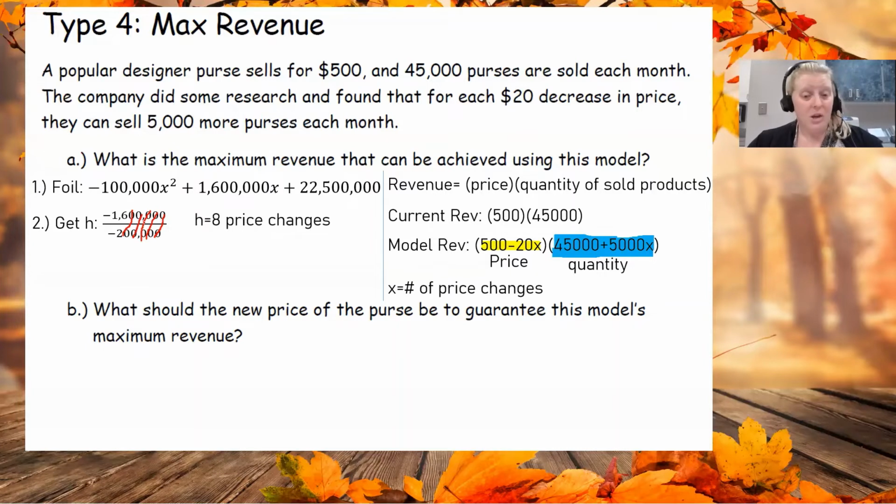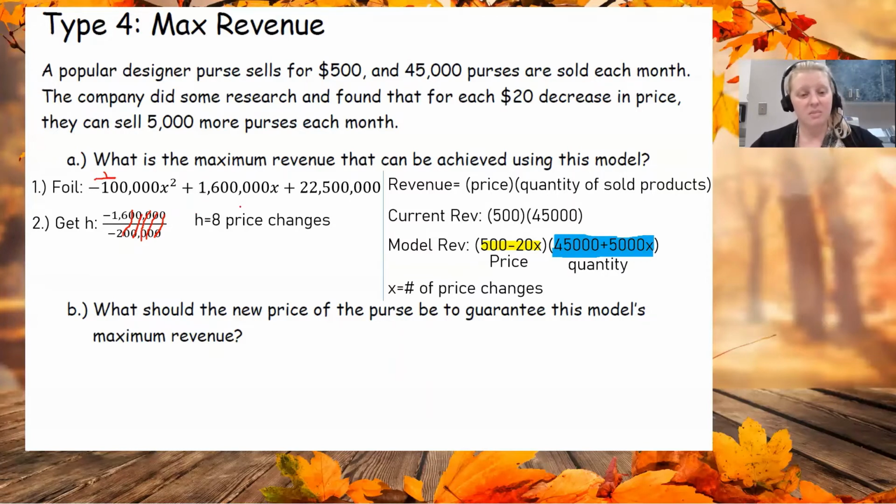I recommend that you label it price changes. It's not $8, it's 8 changes in price. You're going to change it by $20 for a total of 8 times. Once you get your H, you can go ahead and get your K, and that's up to you. If you want to use this formula up here, you certainly can.